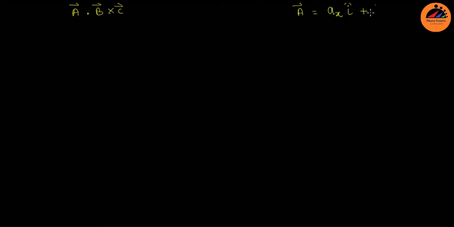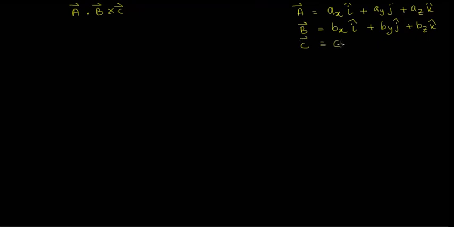Then the b vector is bx i cap plus by j cap plus bz k cap. Then c is cx i cap plus cy j cap plus cz k cap. Okay, now let's find b cross c.